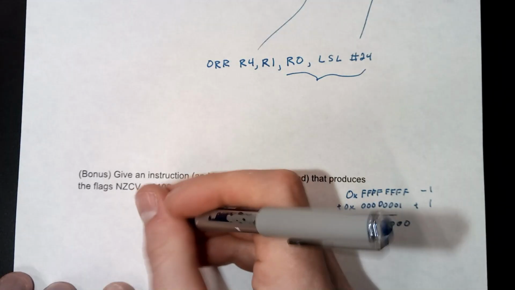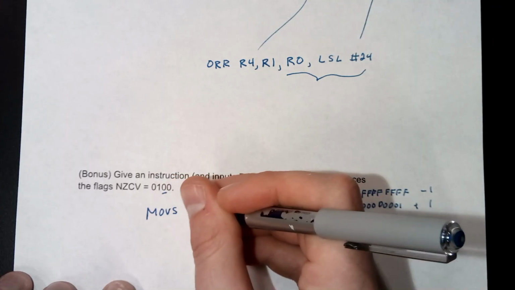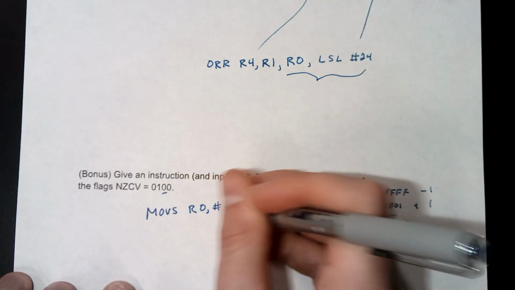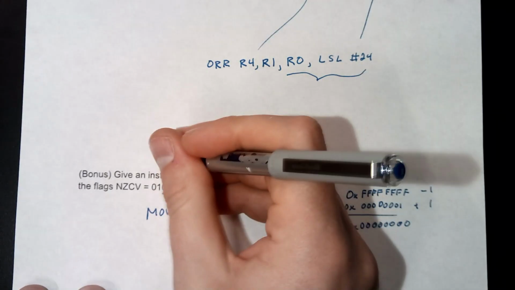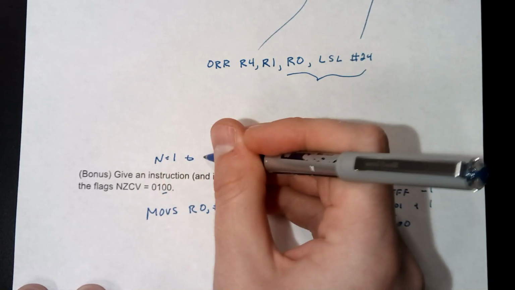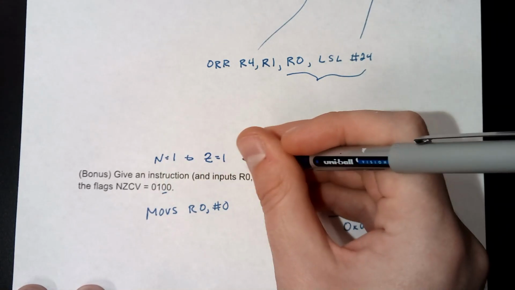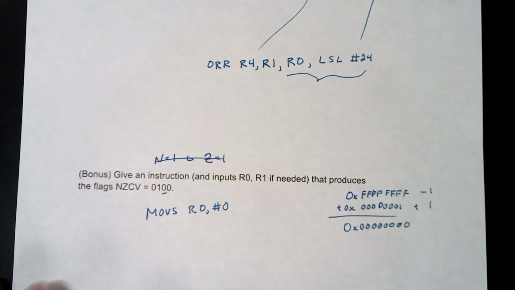We could do something like MOVS R0, 0, because the result is 0, but there was no potential for a carry or for an unsigned or signed overflow, and the result's not negative. We can actually never have N equals 1 and Z equals 1, because 0 is a positive number in 2's complement.